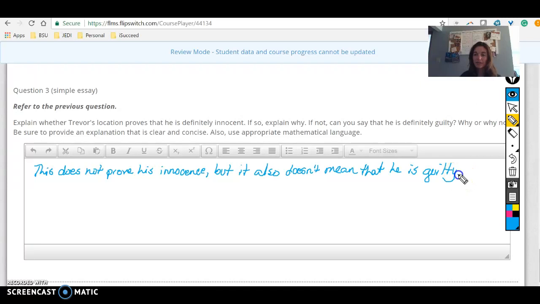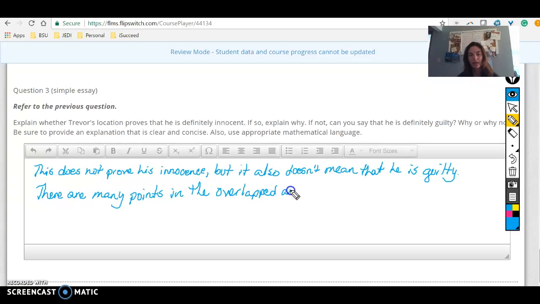There are many points in the overlapped area.